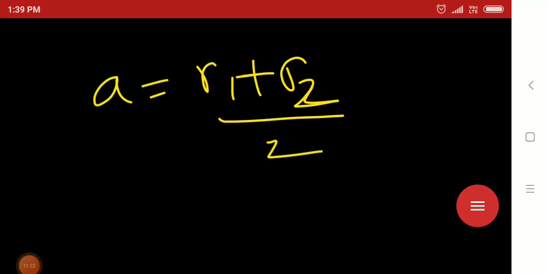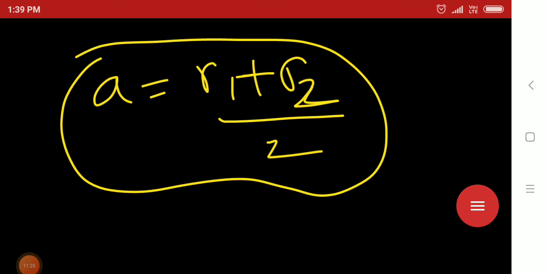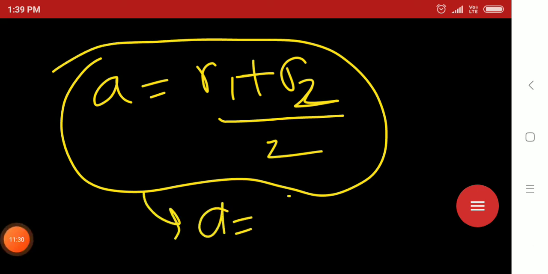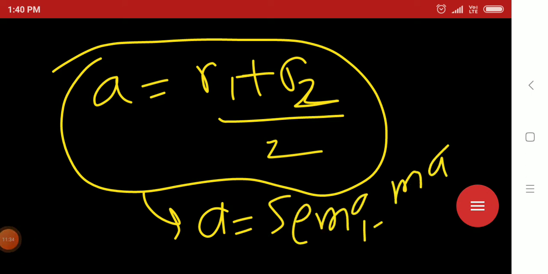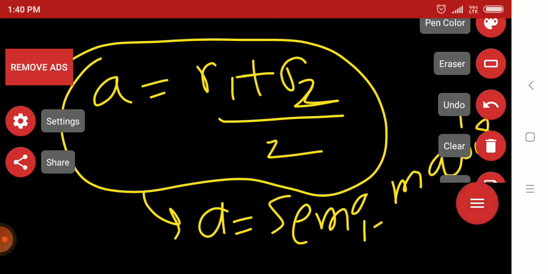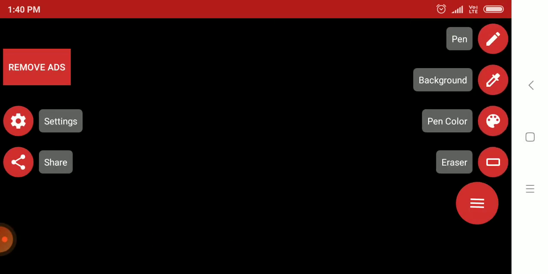Now we have A equals (R1 plus R2) by 2. Why? Because A is the semi-major axis. I'm again showing you that picture, then it will be clear.